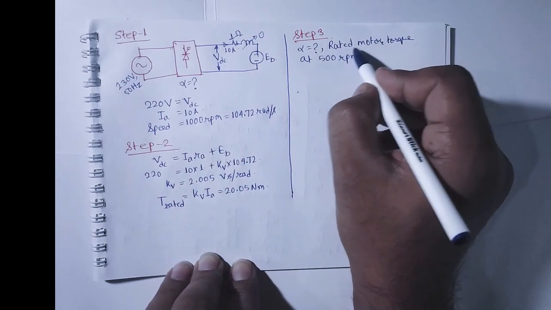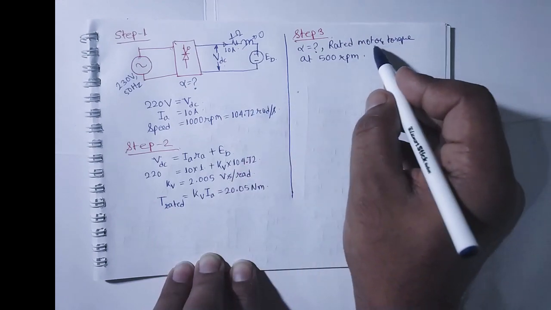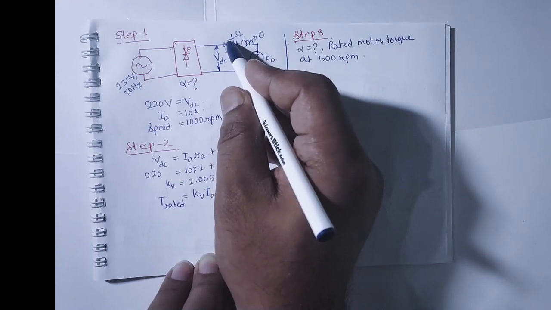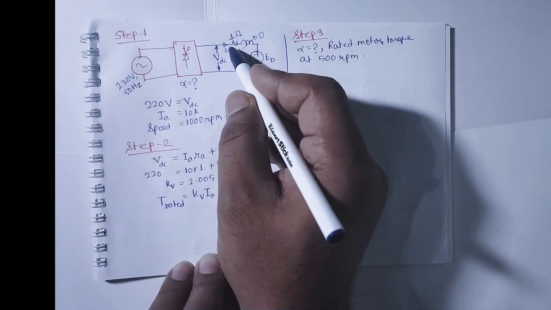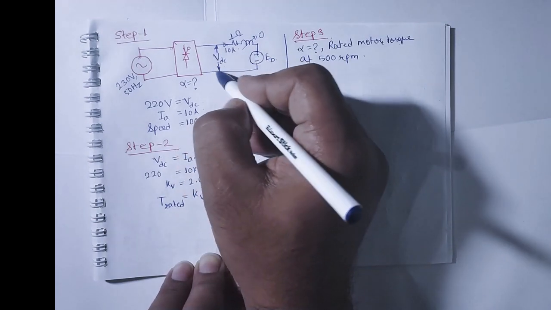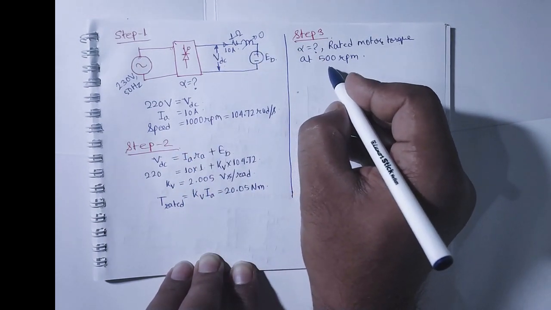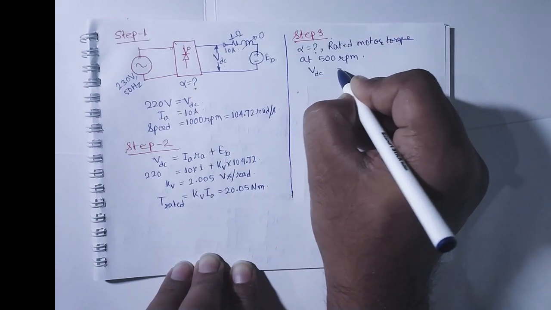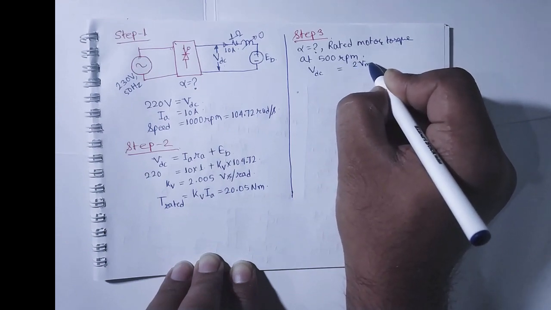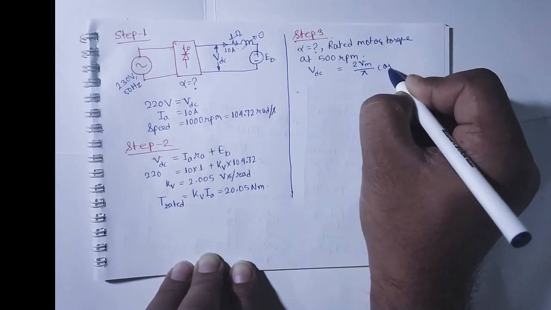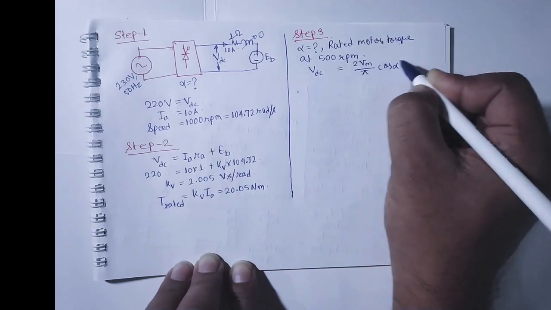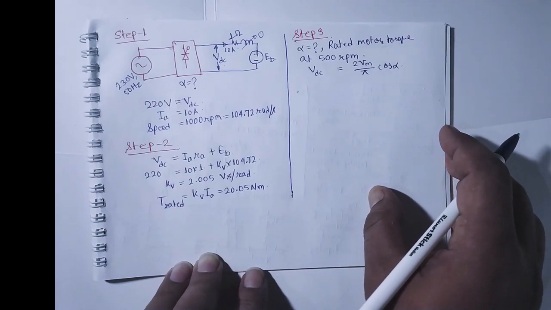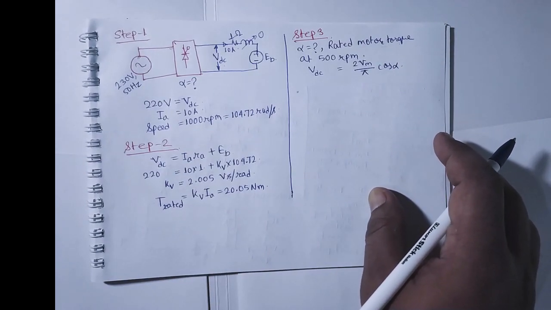One is that since the motor torque is rated, it is indirectly telling that Ia, this current, is constant. And the next thing is that this voltage VDC can be written as 2Vm by pi cos alpha. If you want details of how it is written, you can comment in the box. I will make a video on this.